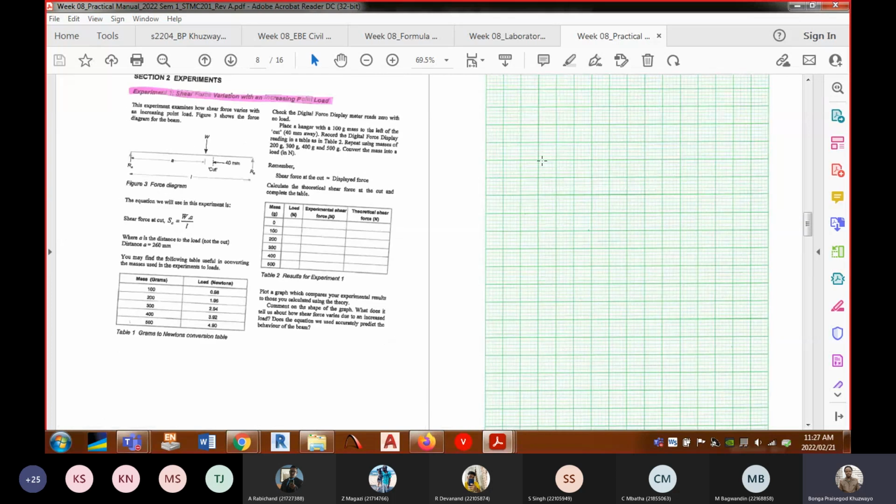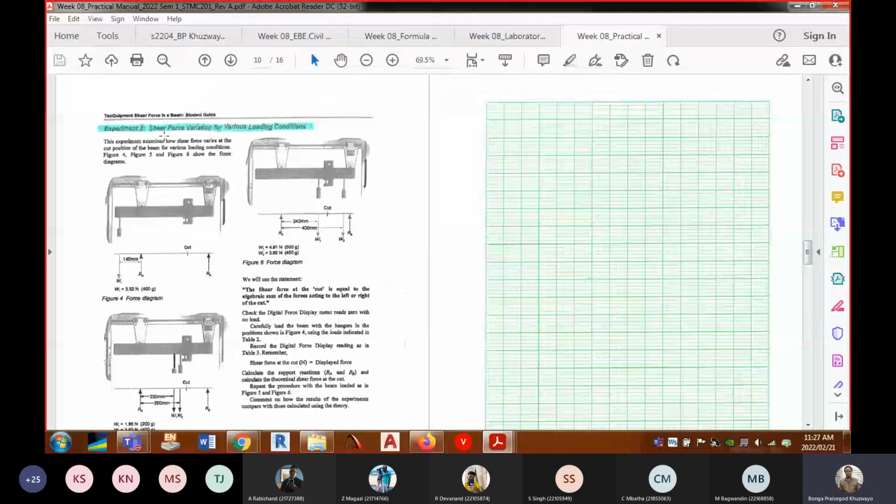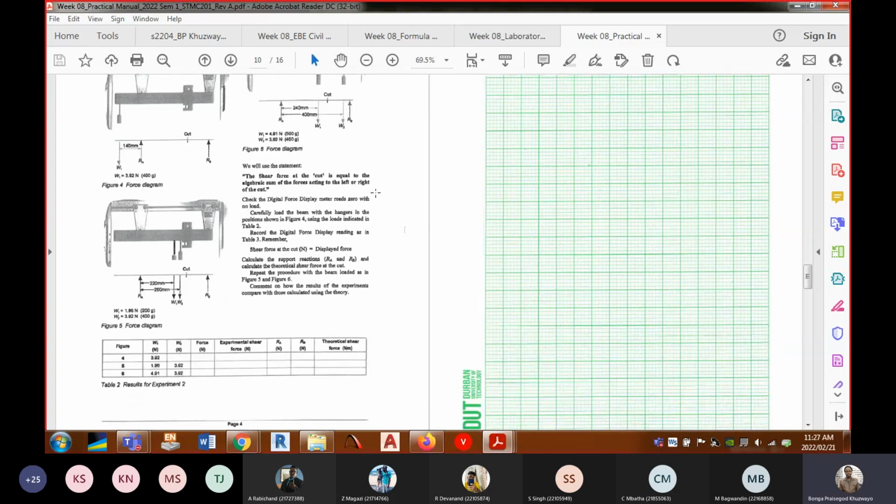Then we have experiment 2, shear force variation for various loading conditions. Again, I'll provide this. You will need to take note of your readings, so you write them down on this table. In this case, you don't need to draw a graph, in fact. But anyway, there is graph paper.